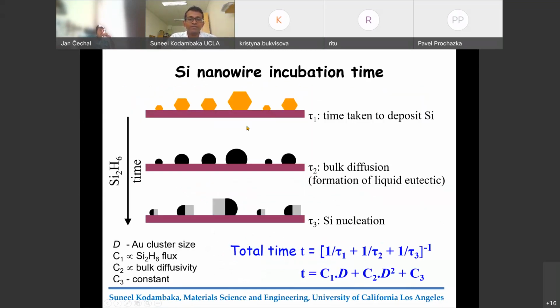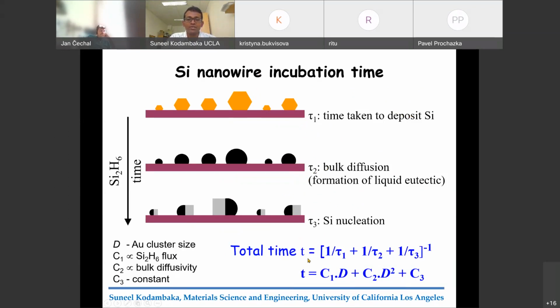If we consider the steps involved in this process, there is a time required for the silicon to be deposited onto the solid gold. Even if it's shorter, it still needs to alloy, diffuse and form a homogeneous alloy. Eventually, it needs to be supersaturated before the excess silicon comes out in the form of a silicon crystal.